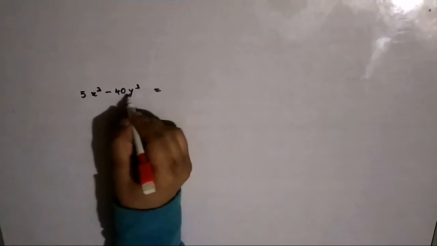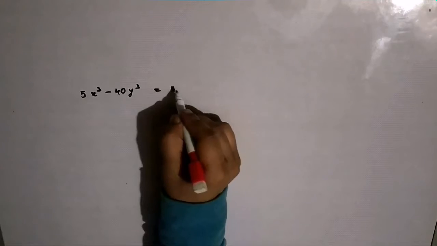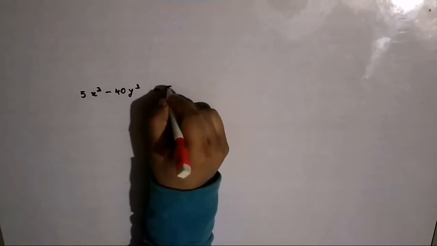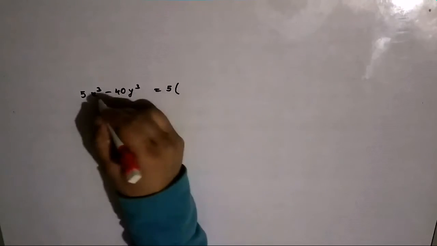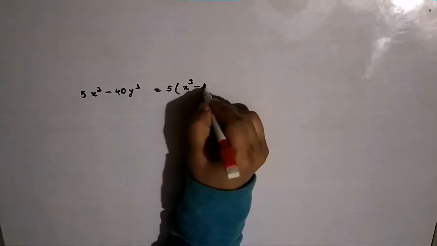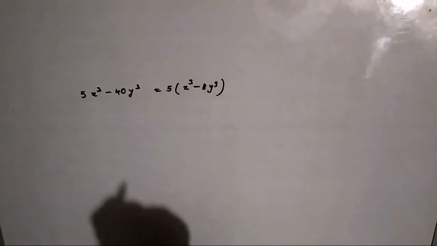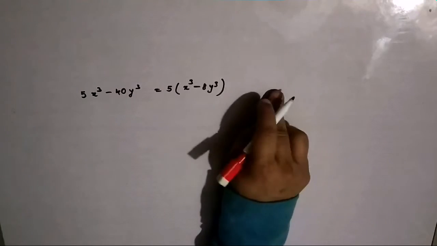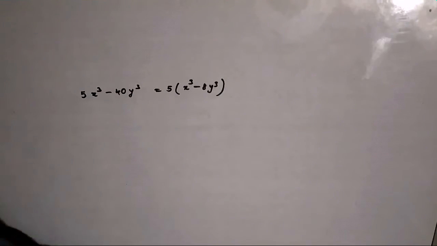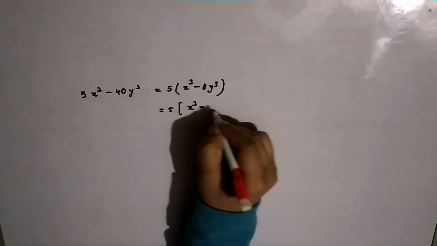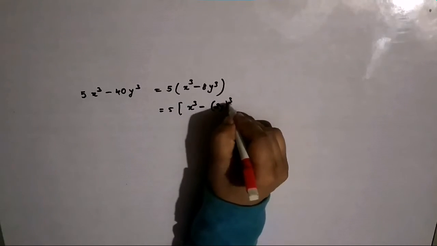Okay, so here you can take 5 common, so that becomes x power 3, and here it is 8y power 3. Okay, and 8 can be written as 2 into 2 into 2, so that basically could be written as 5 into (x power 3 minus (2y) whole power 3).